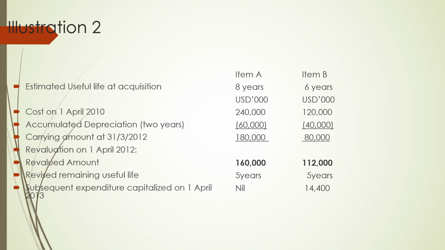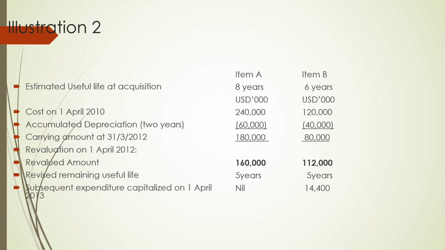We have a revised remaining useful life of 5 years for item A and also 5 years for item B. Subsequently, we incurred an expenditure as at 1st April 2013 for item B, giving us an amount of $14,400, but no such expenditure was incurred for item A. We spoke about the sort of expenditure that can be capitalized as part of the asset.